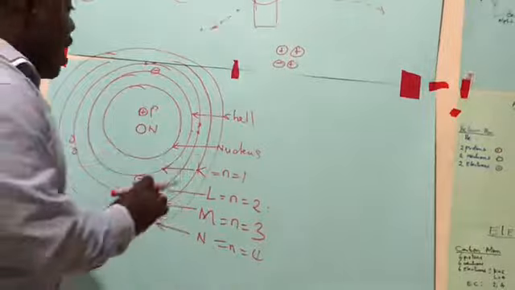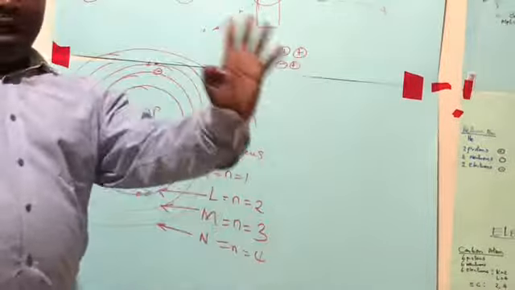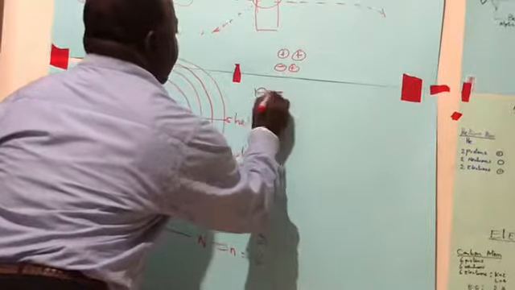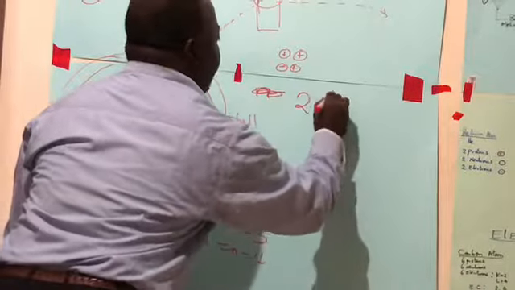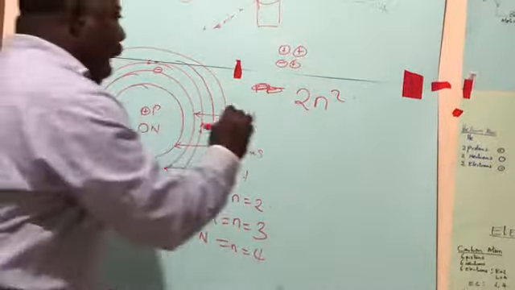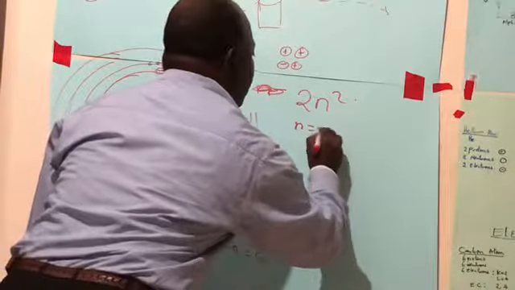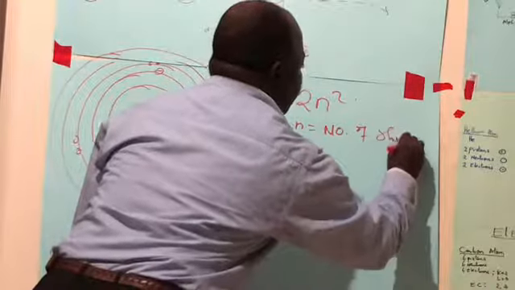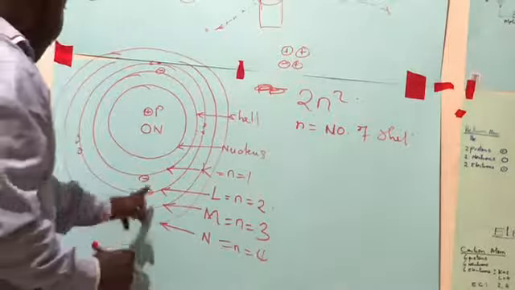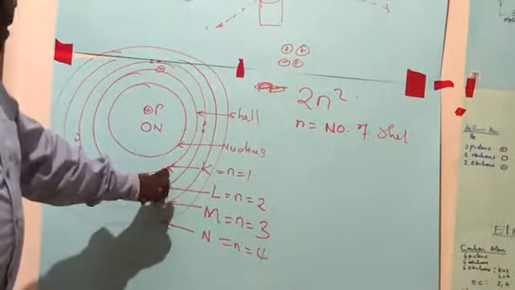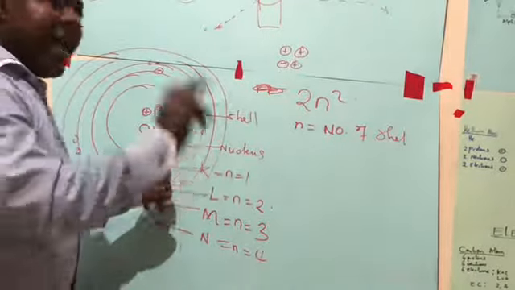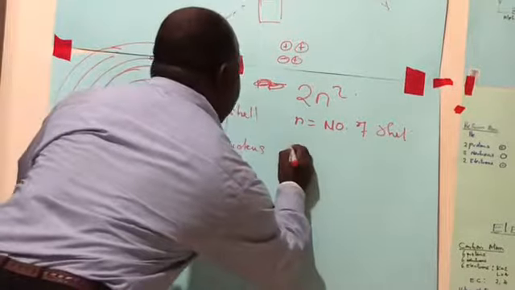Take for example how the electrons are arranged in each shell. There is a formula, 2n squared, where n is the shell number. For instance, the first shell has n equals 1. How many electrons are supposed to be there?